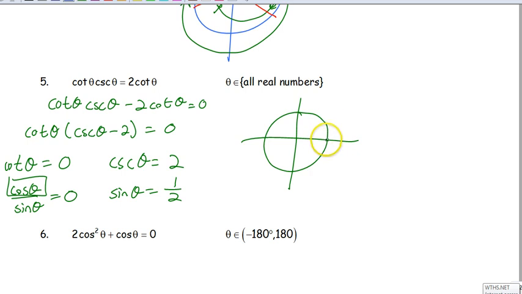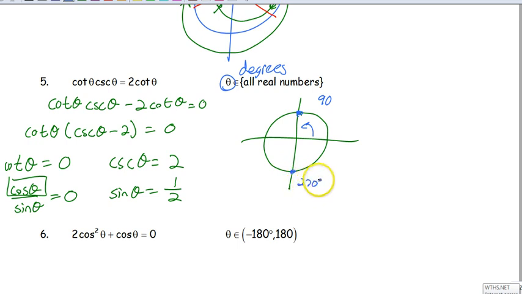Cosine of 0, when x is 0, that's up here and down here. And again, we are in degrees because it's a theta. So I have 90, and I have 270.